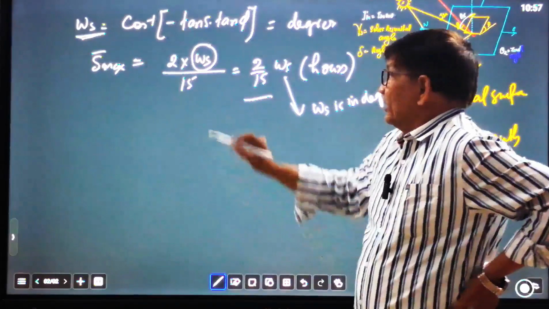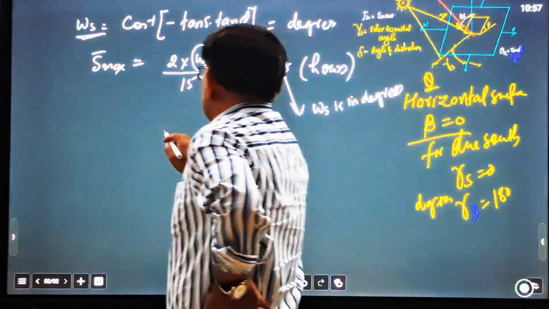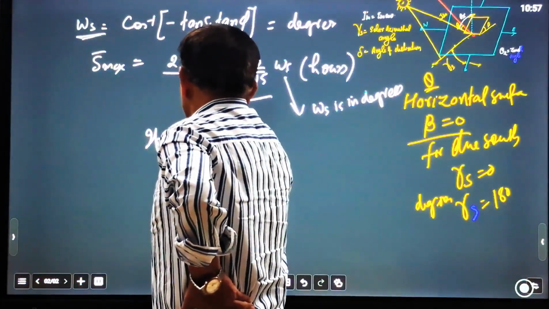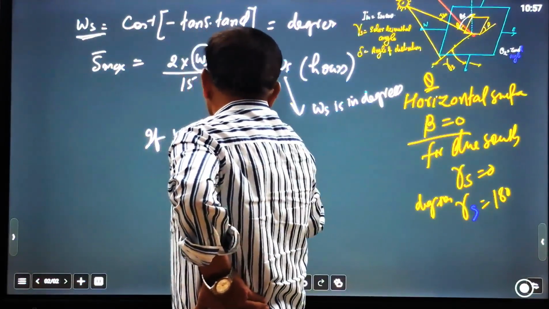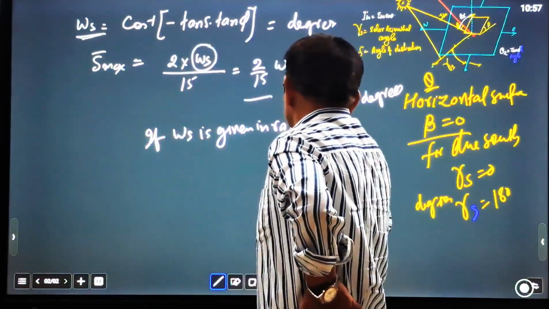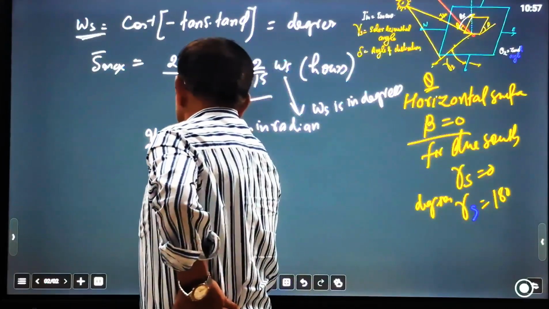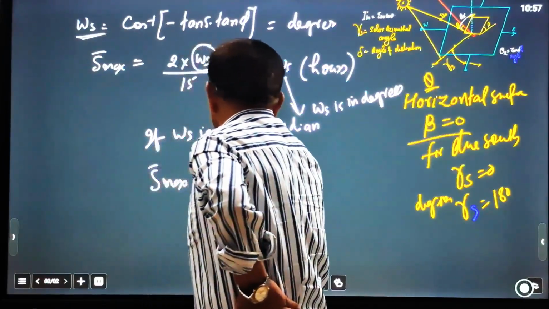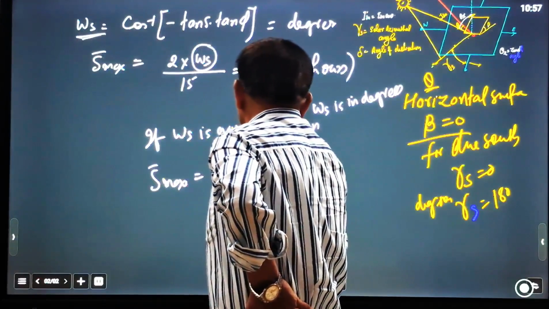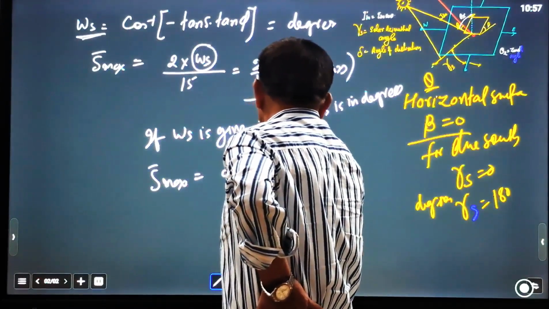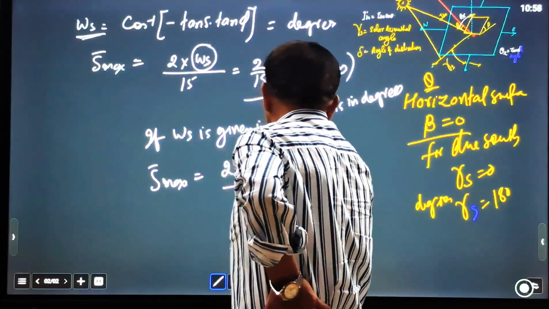Suppose it is in radians, then S maximum equal to 2 into omega s into 180 by pi divided by 15.